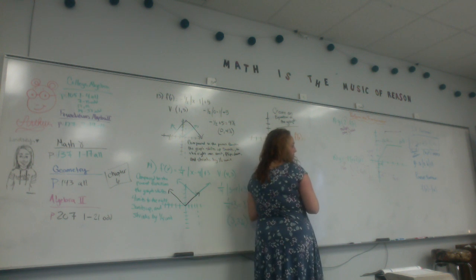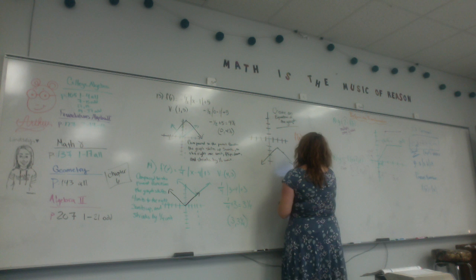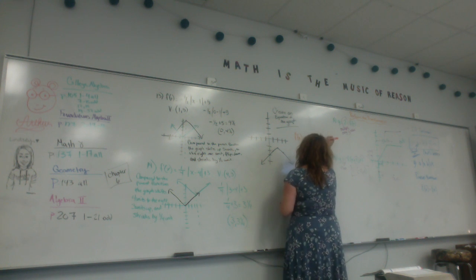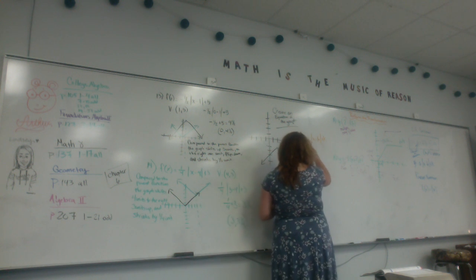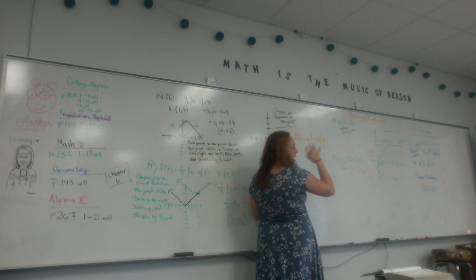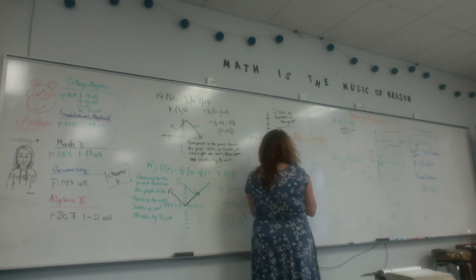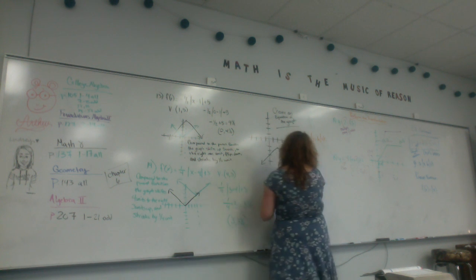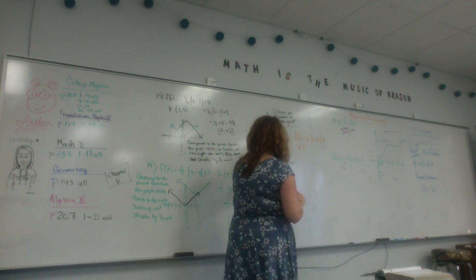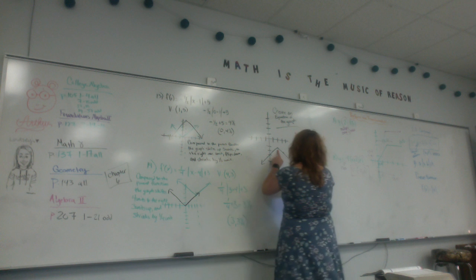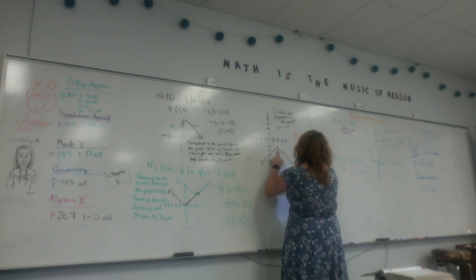For absolute value, a times the absolute value of x minus h, plus k. So if I can find the vertex and plug it in, I can then eventually solve for a. Okay? So what is my vertex of this graph? 2, yeah, 2, negative 1. 2, negative 1 is my vertex.